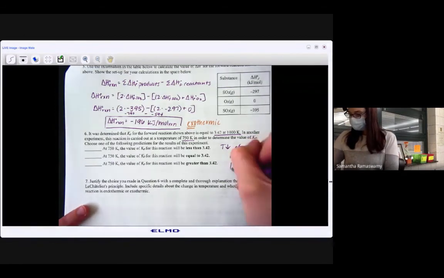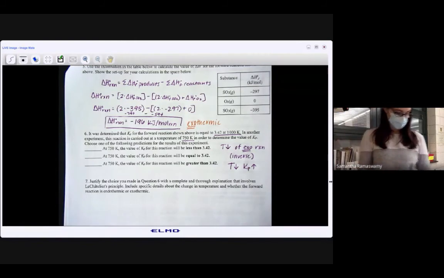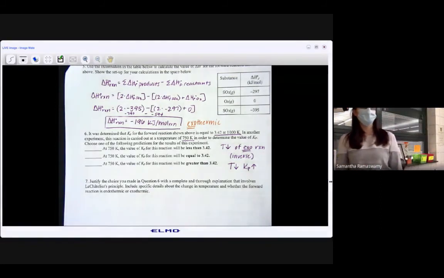So what that means is if temperature is going down, which we know it is, we expect Kp to go up. Do you need to know how? No. Do you need to know the math? No. You just need to know if it's exothermic, it's inversely related.